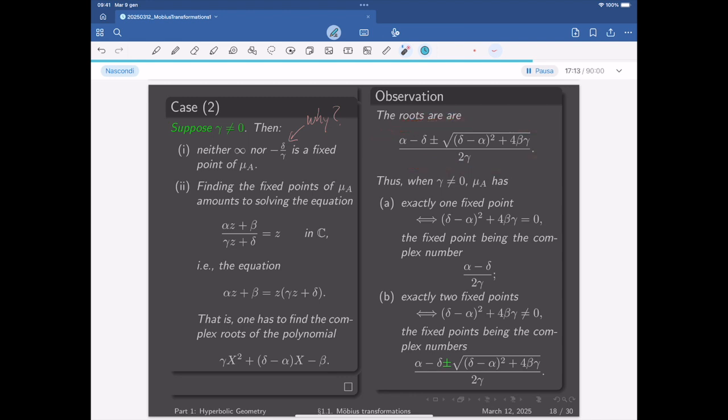So infinity was not a fixed point, and there are at most 2 roots, and exactly 1 root if the discriminant is 0, in which case I can compute it explicitly in terms of the entries of the matrix, or there are exactly 2, and explicitly in terms of the entries of the matrix.